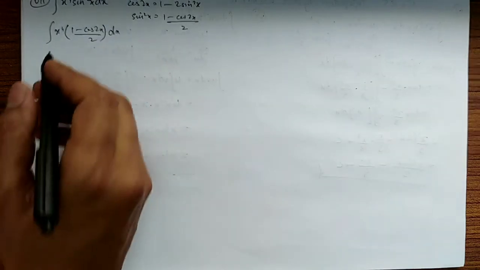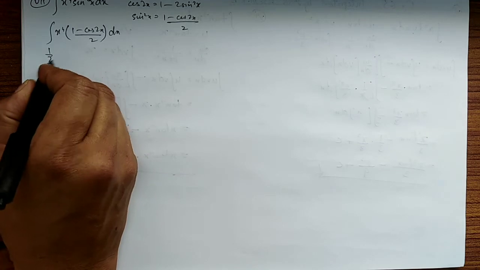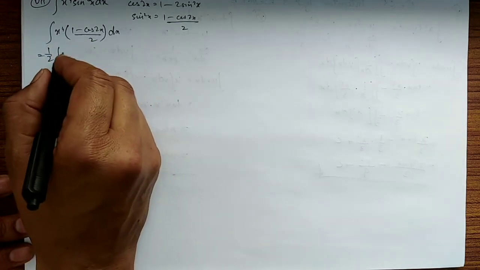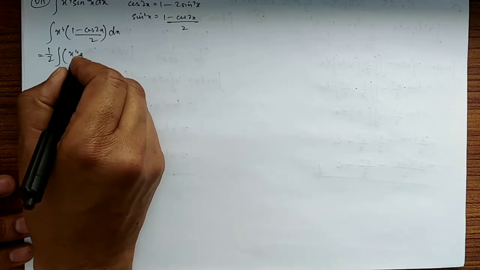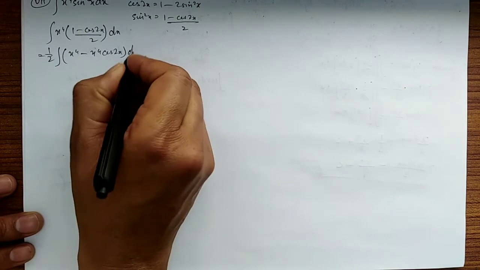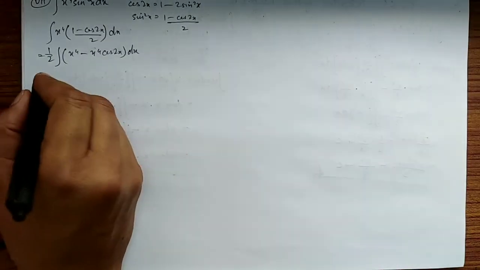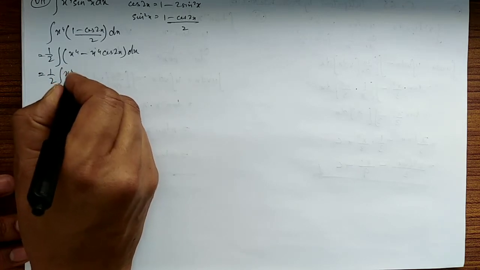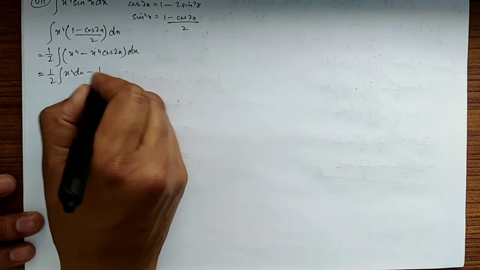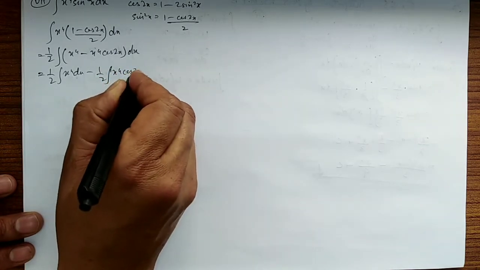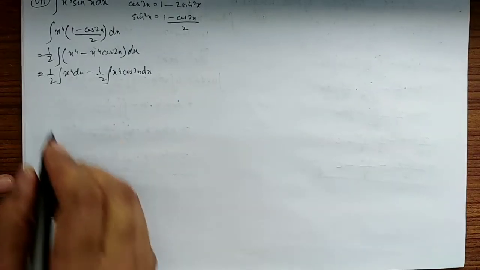and taking this 1 upon 2 outside and multiplying this x power 4 inside, this will give us x power 4 minus x power 4 cos of 2x dx. Okay, so 1 upon 2, applying the integral on each part, integral of x power 4 dx minus 1 upon 2 integral of x power 4 cos of 2x dx, right?